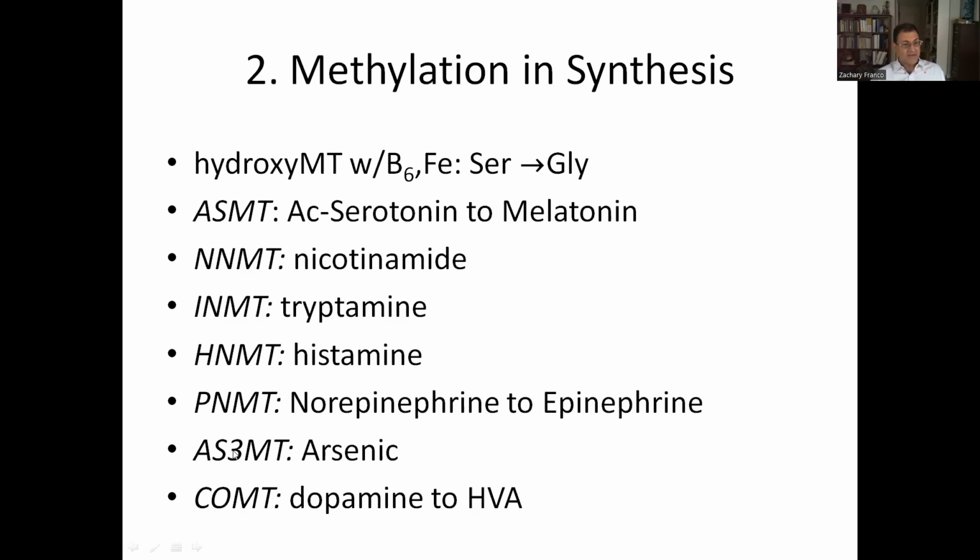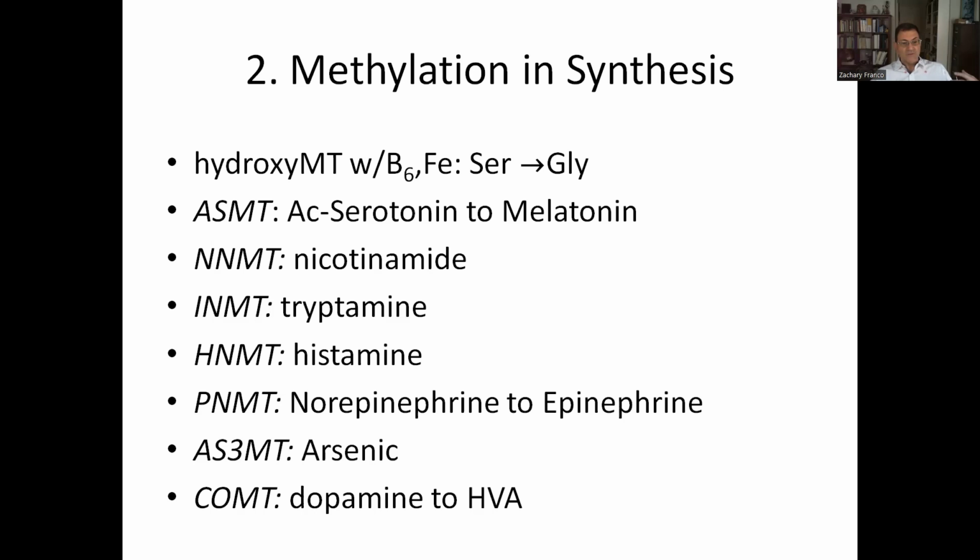And then we have AS3MT, not to be confused with ASMT. This enzyme doesn't really belong in this slide. It's just to show you that when we get arsenic in our body, this most likely happens in the liver.